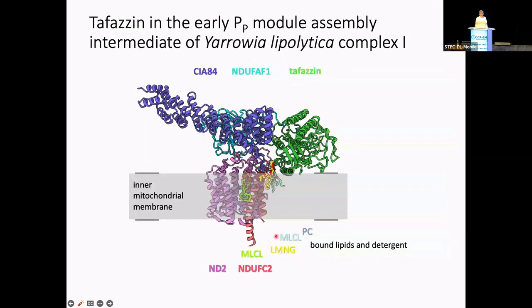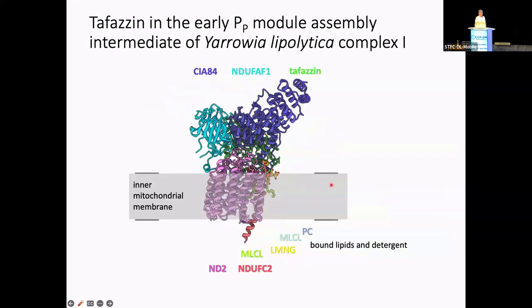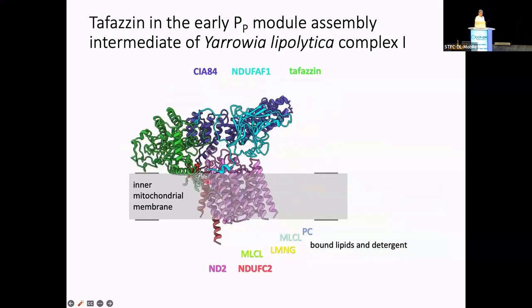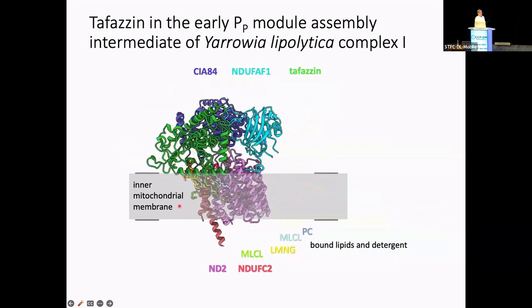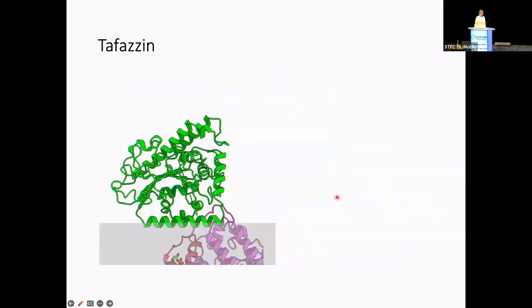So what does it look like? This is the structure of the intermediate with tafazzin here in green. And you can see that there's one long helix that is lying on the surface of the membrane. So this is apparently a membrane anchor that keeps the protein in a particular orientation.